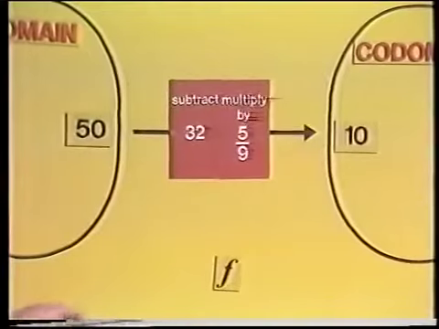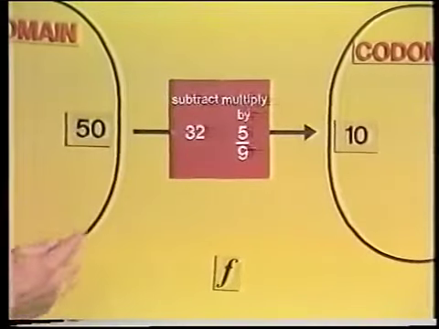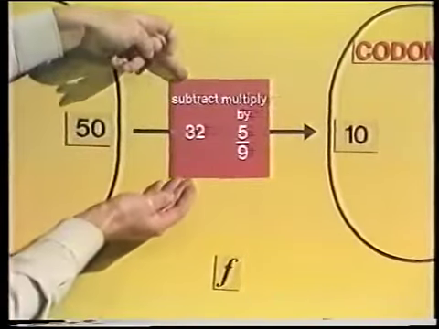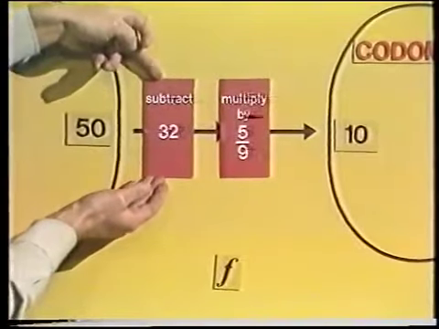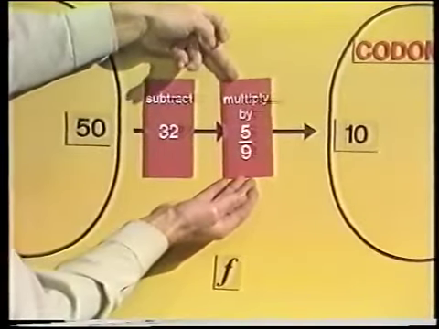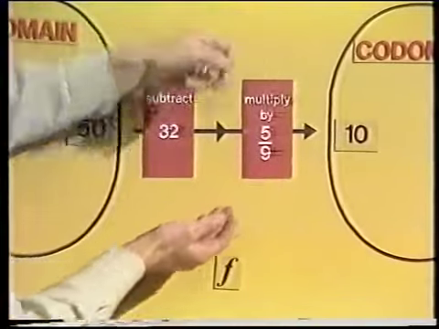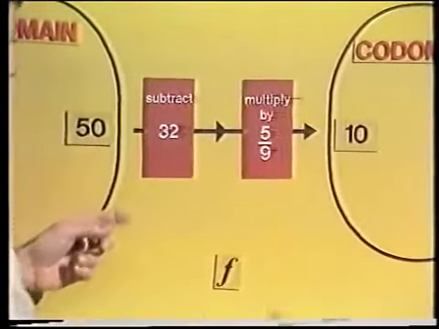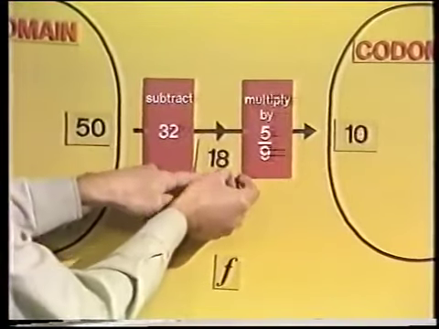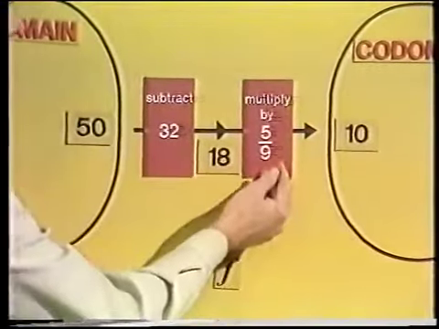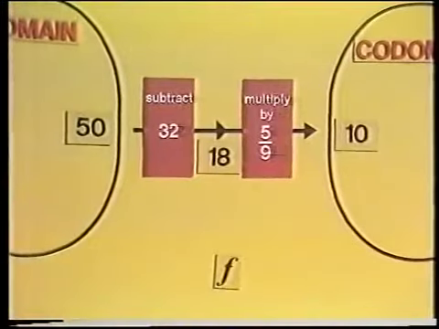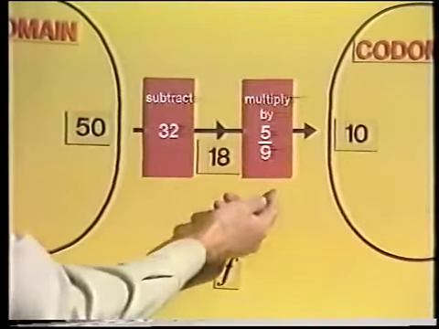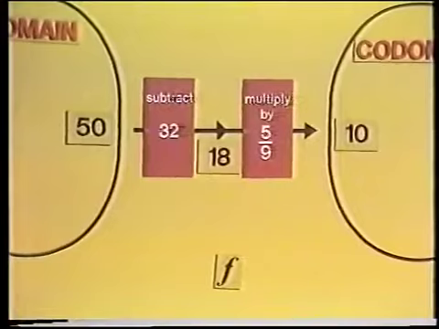Look back at this example, temperature conversion. Really, the rule here tells you to do two things. First of all, you have to subtract 32. Then you have to multiply by 5/9. So, for example, 50 first becomes 18, and then that becomes 10. Now you see we've got two functions, and I can give those labels.